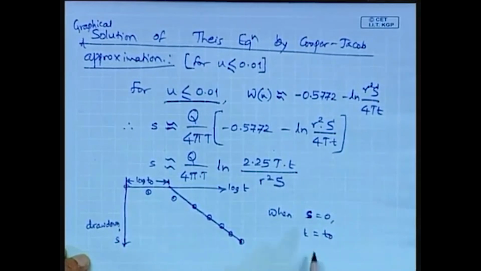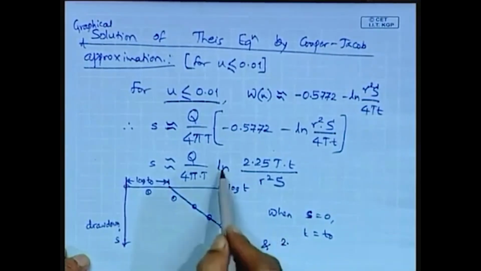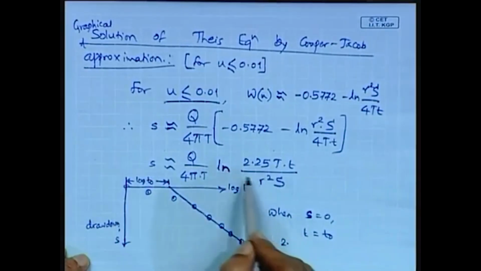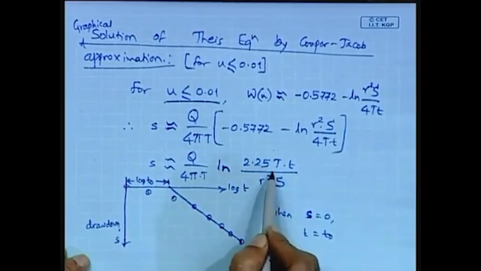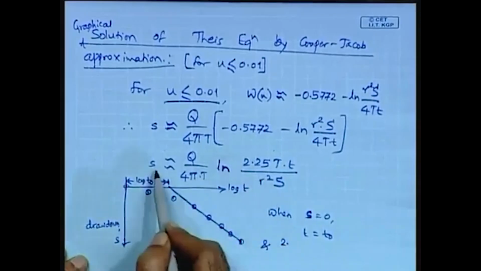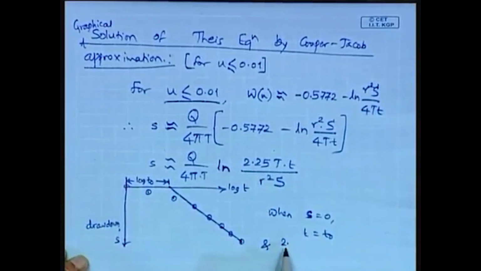In other words, the argument of this logarithm has to be 1, so that the natural log of 1 is equal to 0. In that case S is 0. So, 2.25 T t 0 divided by r square into S must be equal to 1.